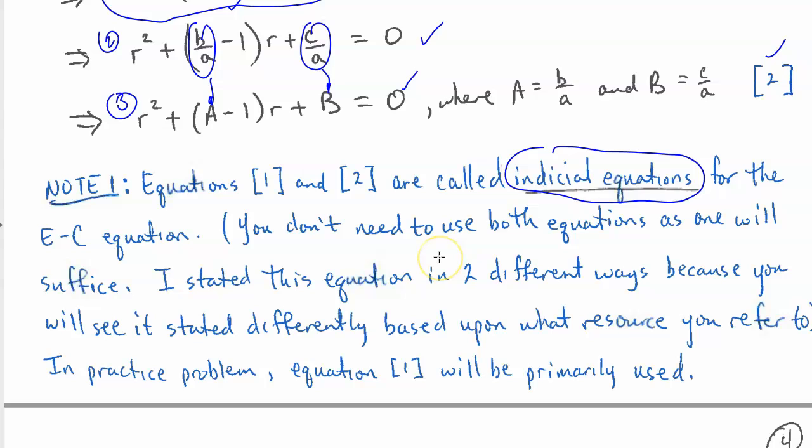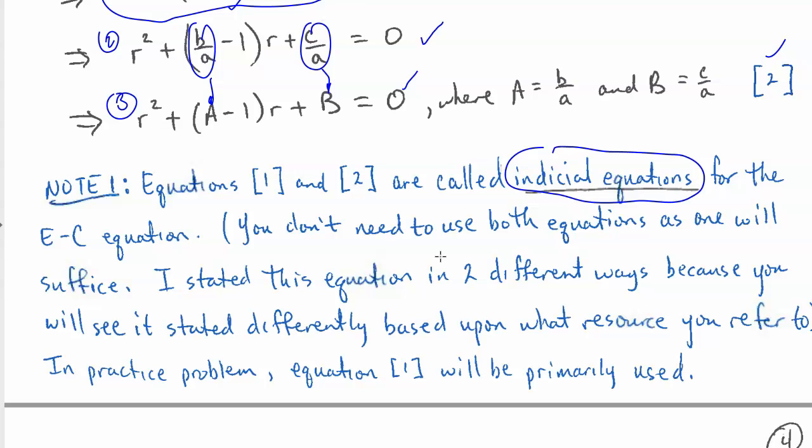But in short, part of the reason why it is called an indicial equation versus a regular characteristic equation is because Euler-Cauchy equations are actually the foundational basis for being able to solve ordinary differential equations via a power series technique called the Frobenius method.